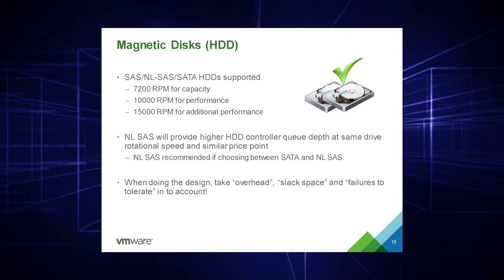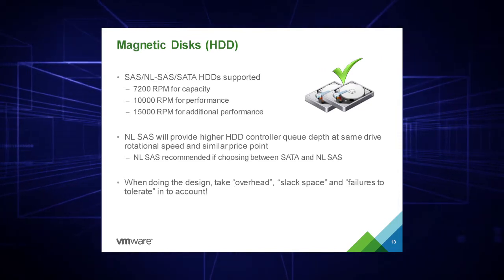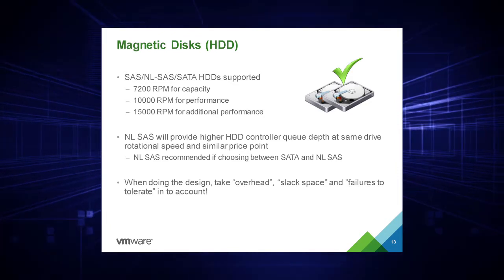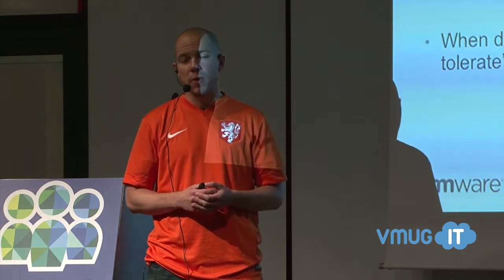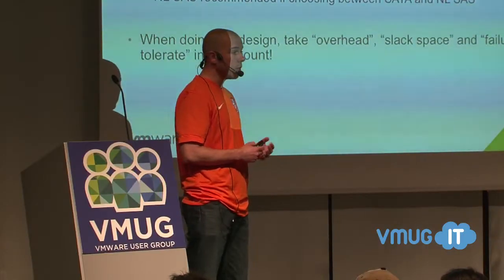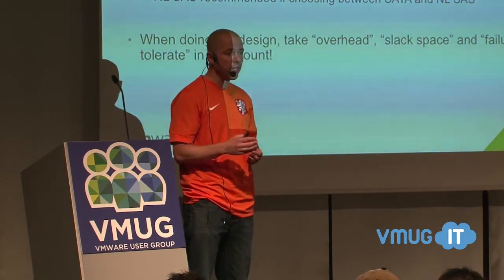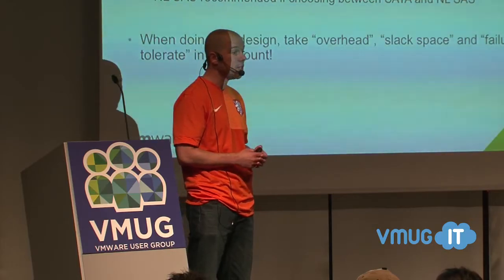The other thing that I mentioned already is the magnetic disk. When it comes to magnetic disks, there's a couple of key things to remember. A lot of storage companies, when they start talking about magnetic disks, will tell you that the speed of the magnetic disk won't matter. So in other words, it's really irrelevant if you use the 7200 RPM, the 10K RPM, or the 15K RPM disks.